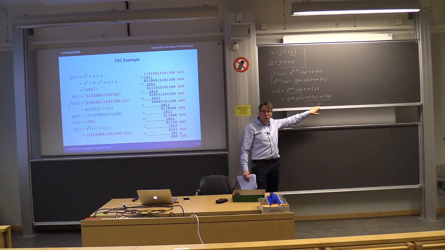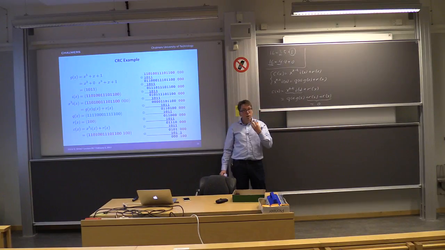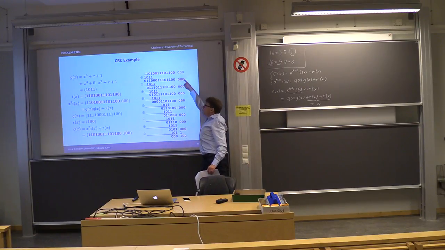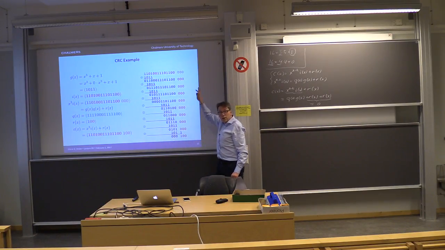If the remainder is not 0, it is not a code word. So the encoding, that is finding the parity bits, and checking whether a pattern is a code word are the same process. If at the end we get all zeros, we know that what we started with was a code word. Clear?